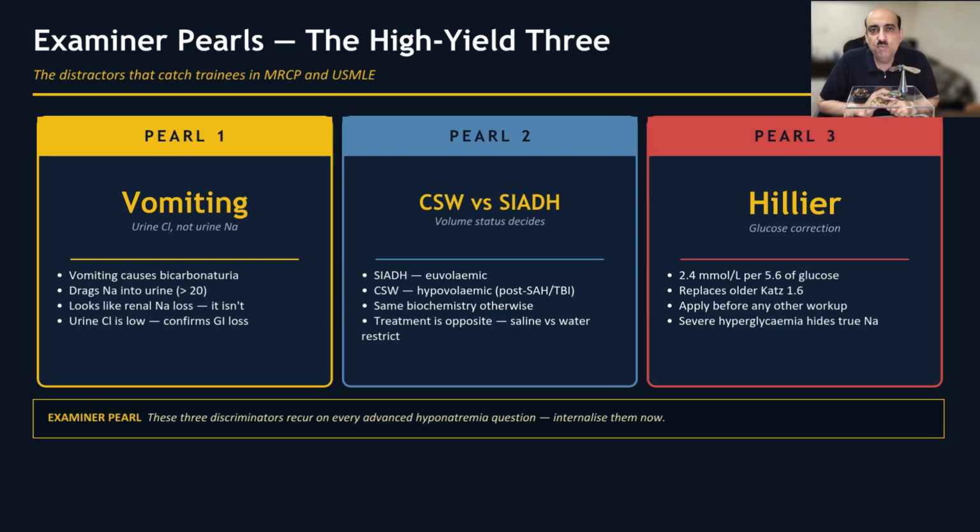So you need to add 2.4 millimoles of sodium to the baseline lab number for every 5.6 millimoles per liter excess glucose on top of 5.6. Okay, so this replaces the older CATS factor of 1.6. Severe hyperglycemia hides the true sodium. It's not the actual hyponatremia. It's dilutional or translocational hyponatremia. And again, always treat the glucose and the water follows.